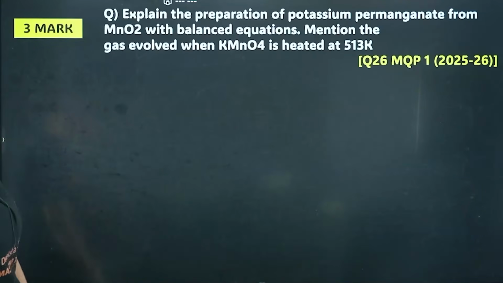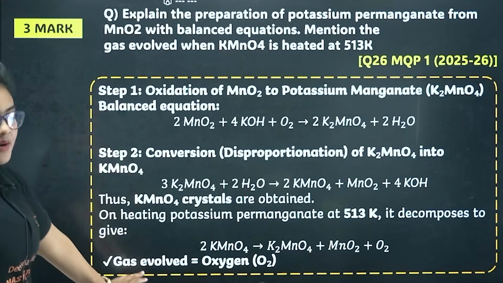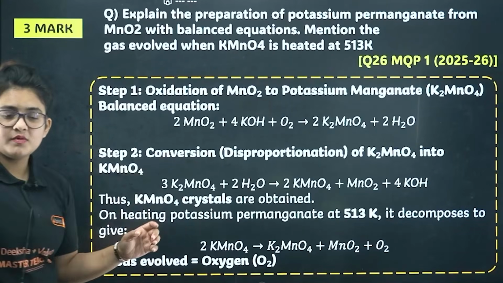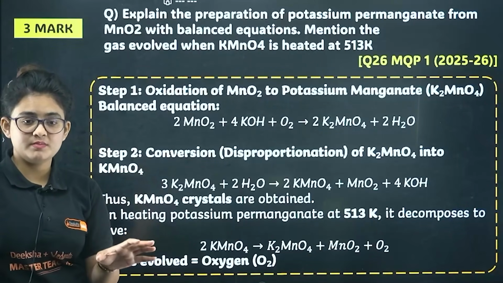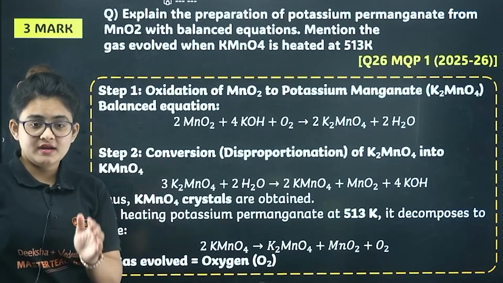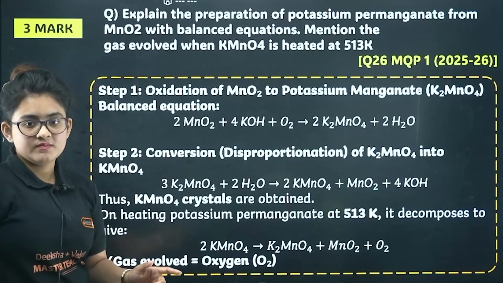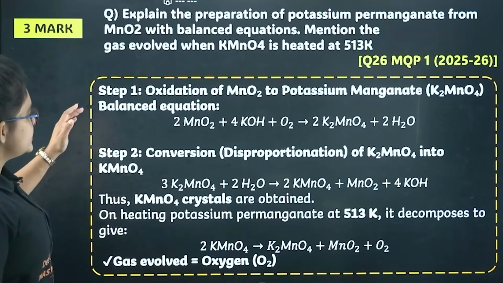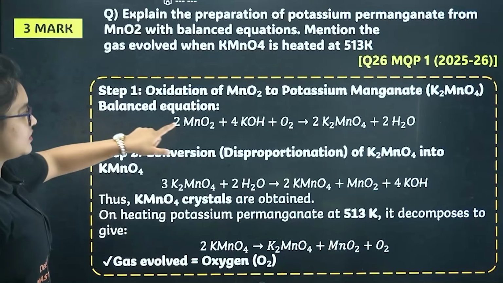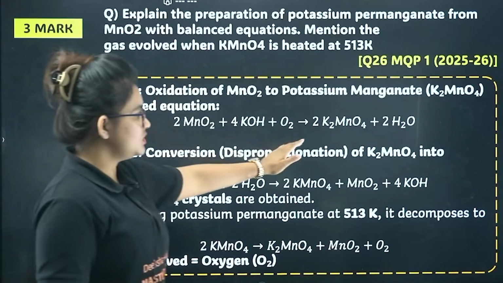Let's proceed. Explain the preparation of potassium permanganate from MnO2 with balanced equation. This is very important. Either dichromate or potassium permanganate preparation you can expect in your examination. Here first we fuse MnO2 with KOH, we get K2MnO4.